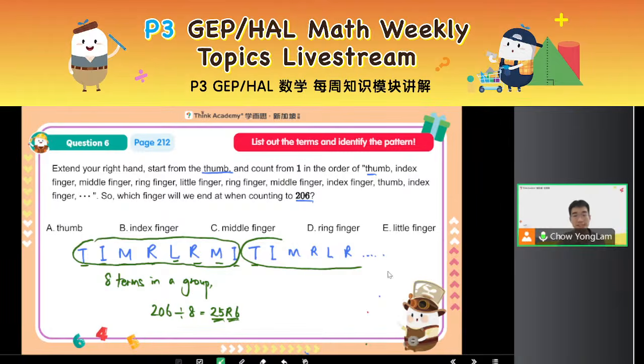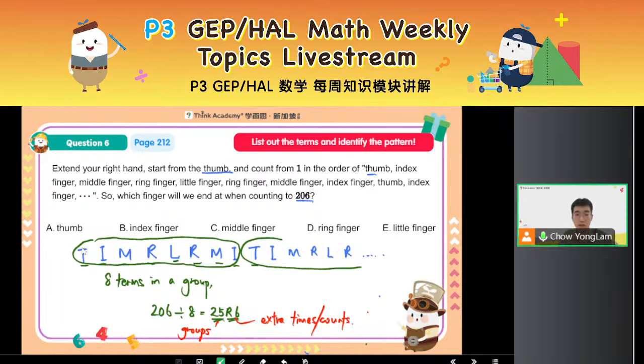Every time you do a cyclic problem, after division, you need to ask yourself, what does each number mean? 25 here refers to 25 full groups. That means you repeated this for 25 full times. But then there's a remainder 6. That means you need to count 6 extra counts.